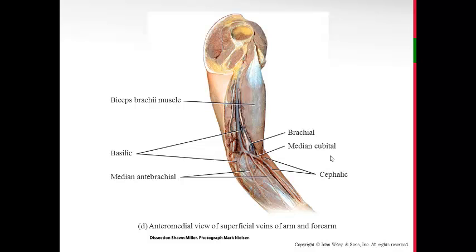If you take a look over here, you can see, remember our muscles, the biceps brachii. Underneath, you can see the brachial vein, the basilic vein, the cephalic vein on the other side, and the median cubital vein. That's really easily accessible for blood testing.